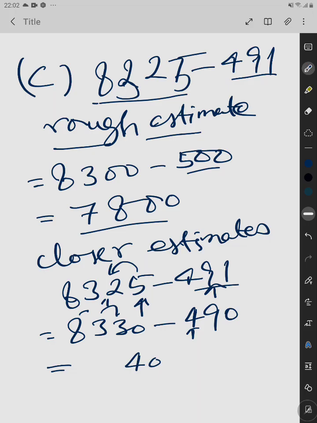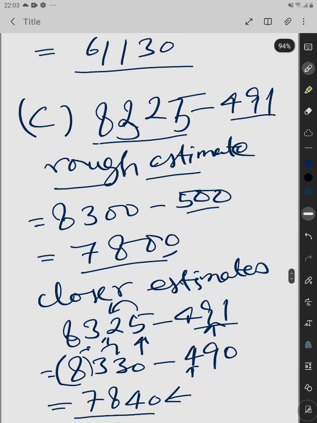We will take 1 from 8, then it will come 12, we will subtract 4 from 12, we will get 8, and then from 8, since 1 has gone, it will come 7. Okay, so 7840, the closure is 7840, and the rough is this one.